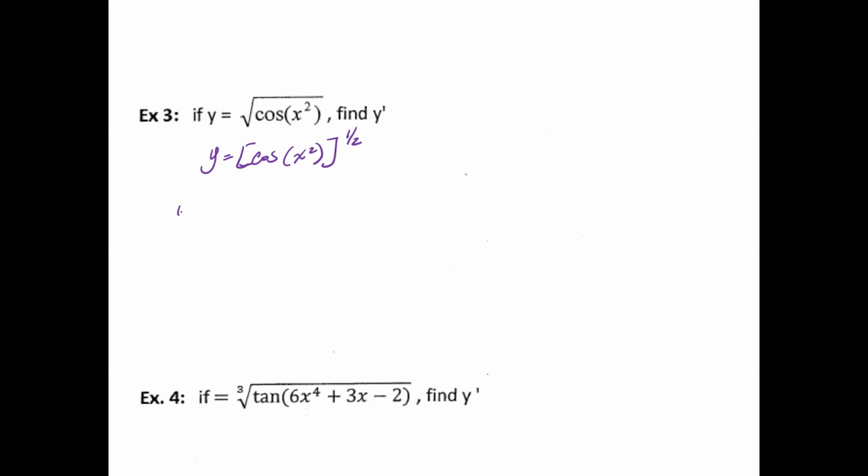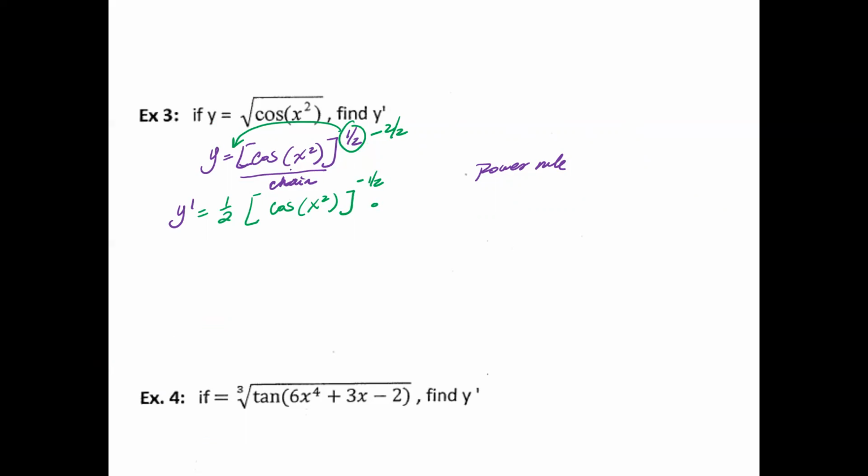Okay, so if you're going to find y prime, you first have to apply the power rule. The power rule basically says you bring down that 1/2. So I have 1/2 times cosine, don't forget your bracket, cosine x squared, to the 1/2 minus 1, which is 2 over 2. 1/2 minus 2 over 2 is a negative 1/2. Times, don't forget your chain right here, times the derivative of whatever the chain is.